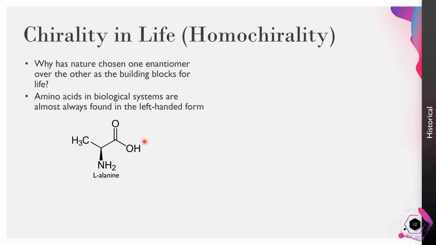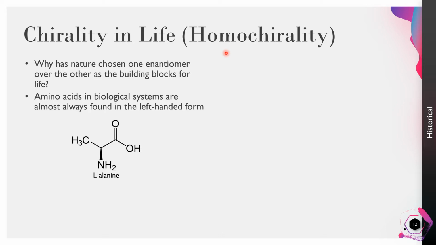We see this, for example, with L-alanine, which is used in many proteins as a fundamental amino acid, where D-alanine is much less frequently observed in nature. So this whole idea of the asymmetry of chirality in nature is known as homochirality.